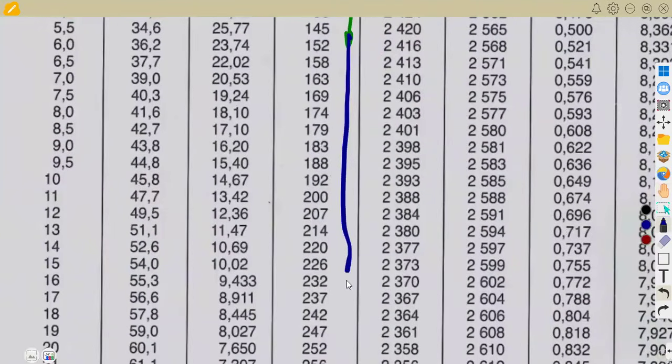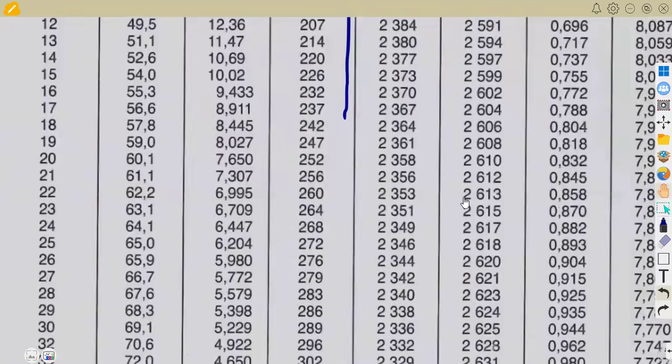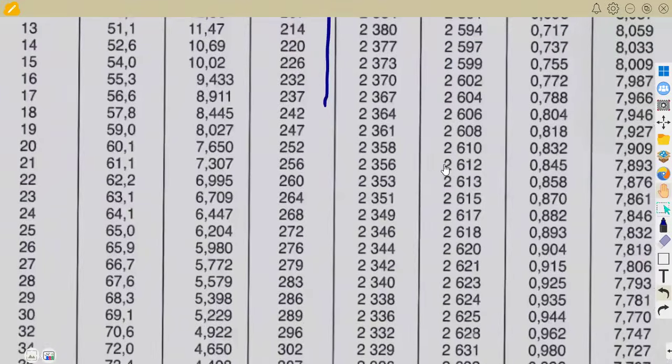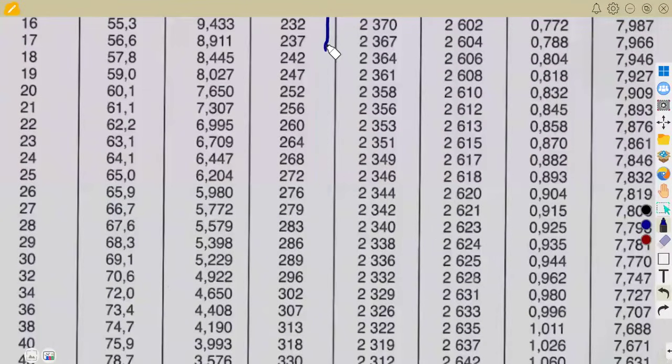Remember, this is the column for Hf. We go down straight under Hf at 83.7. Hf is under this, so guys, I just hope you see.